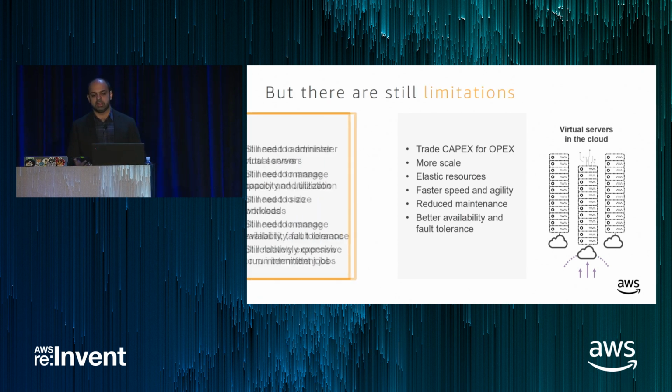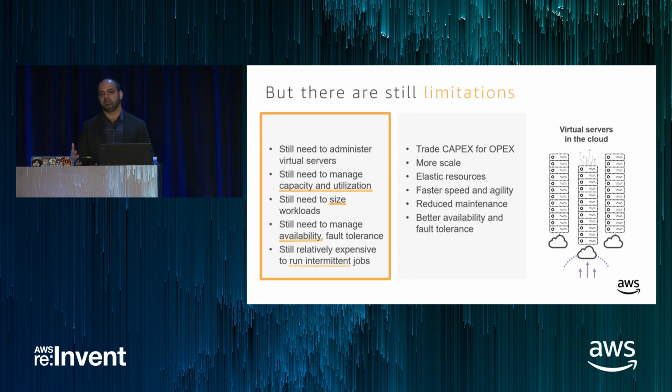But there are still limitations, right? You're still in the business of managing these compute instances or servers, if you will. You still have to think about capacity, utilization, size, availability, being able to run intermittent jobs, etc.